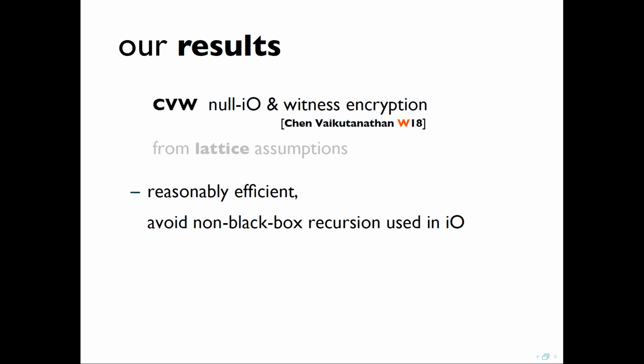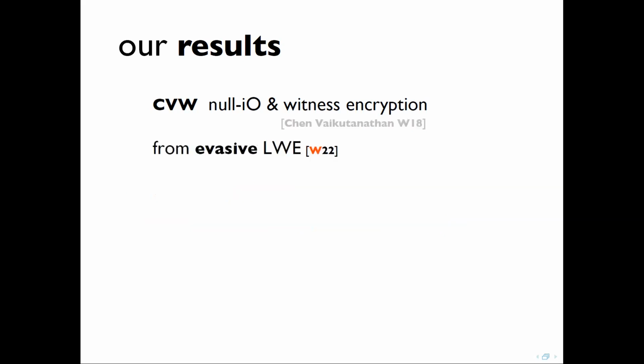Specifically, we analyzed the null iO and witness encryption candidates from an earlier work with Wee and Vinod, the CVW schemes, and we show that the schemes are secure under the evasive LWE assumption introduced in my earlier Eurocrypt paper.